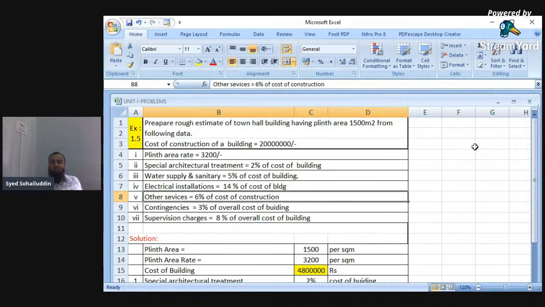And contingencies are nothing but unforeseen expenses. While in construction, many a time some amount is required for a particular type of work which cannot be predicted at the time of estimation.